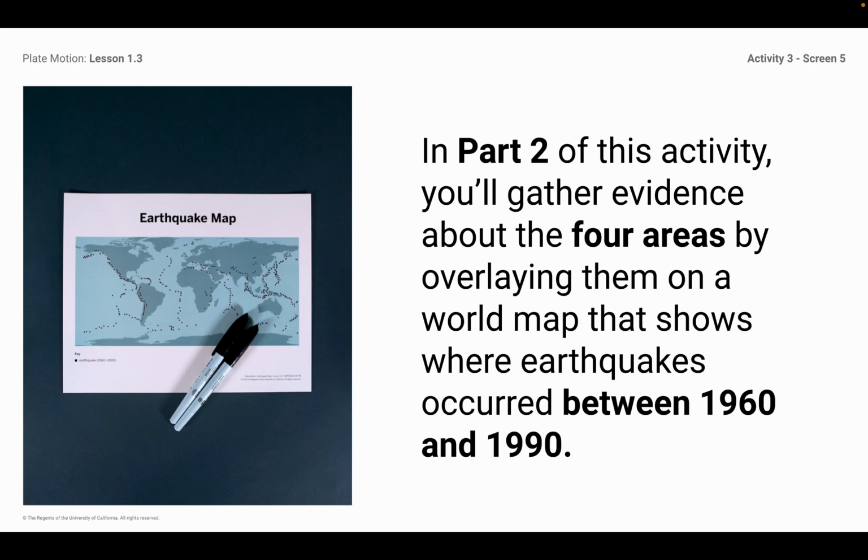And what I'd like you to do then is, in part 2 of this activity, you're going to gather evidence about the 4 areas by overlaying them on a world map that shows where earthquakes occurred between 1960 and 1990. Okay, so take that transparency off the plate boundary map and put it on top of the earthquake map.